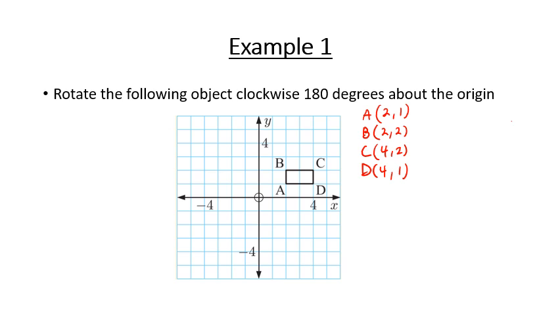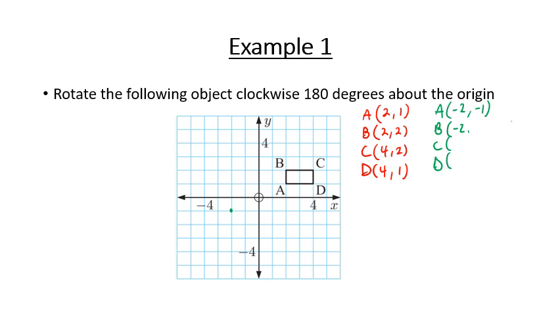Now essentially, if we're going to do another object, and I'll do it in green, we're going to have a new A, B, C, and D. We can simply work out what the coordinates are going to be if it's been rotated 180 degrees, because the coordinates should essentially be the negative of what they are now. So A should be minus 2, minus 1. If we put that in, it's going to be right there.